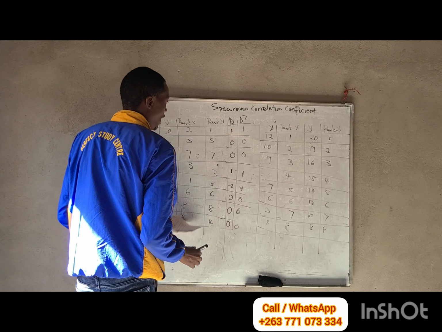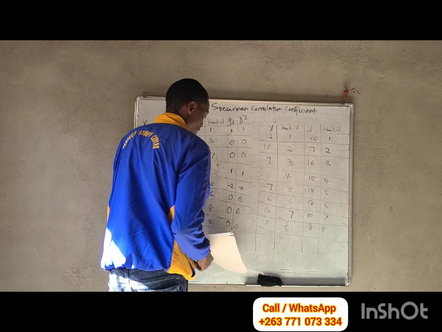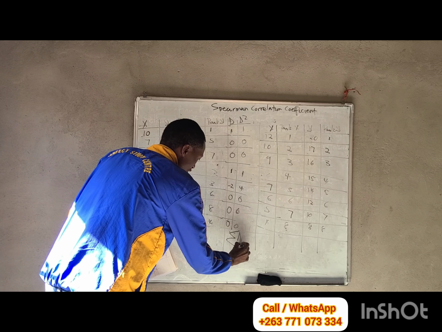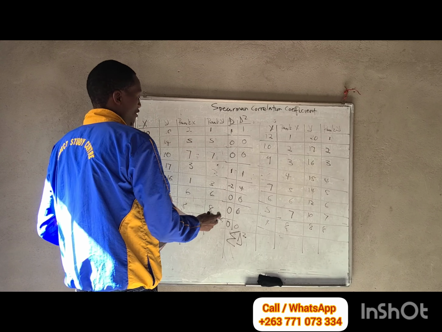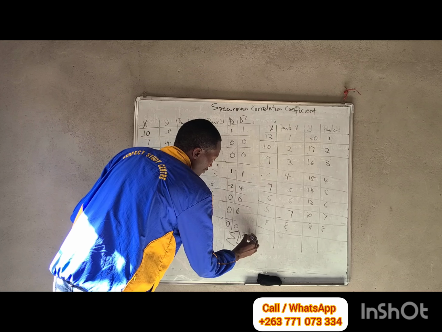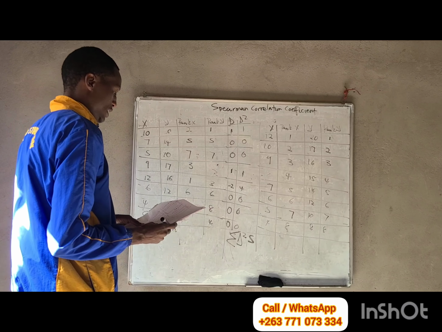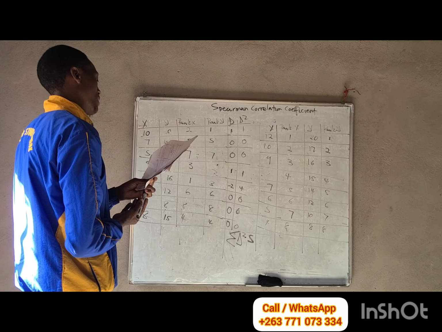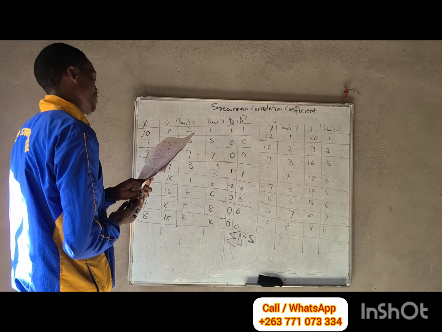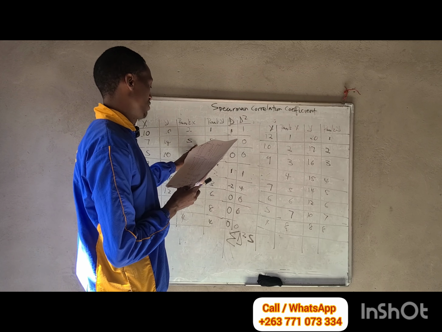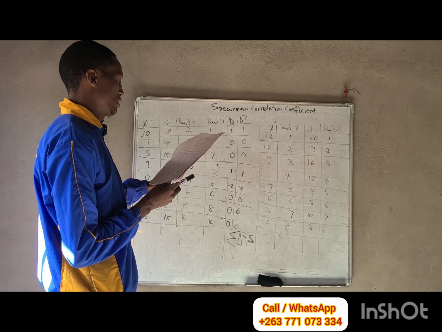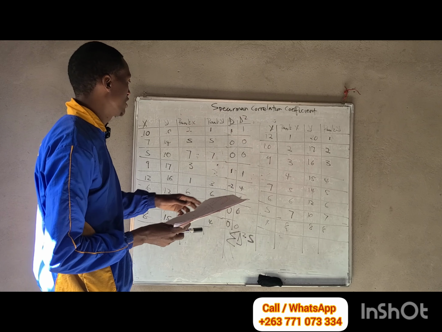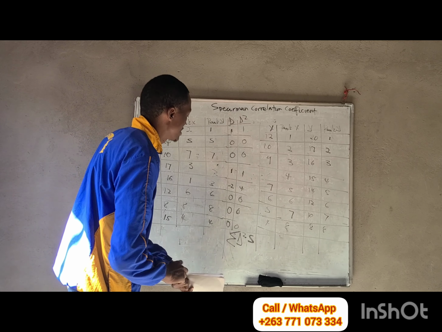So now our next step here, we are going to find the summation of these values. Adding 1, 0, 0, 1, 4, sorry, it's 6.